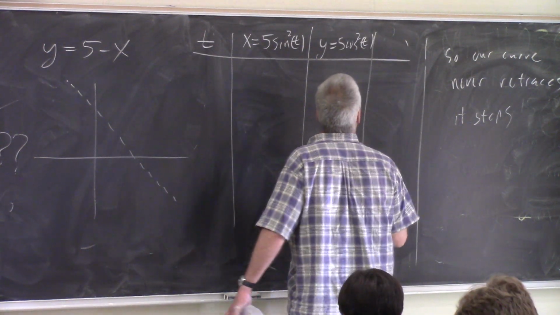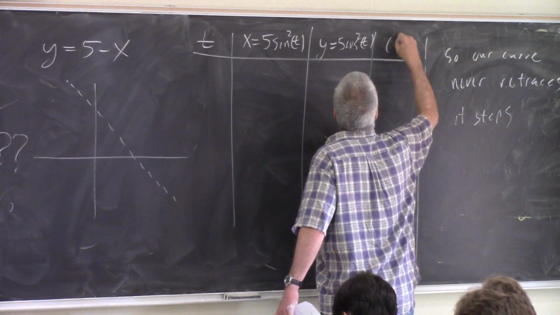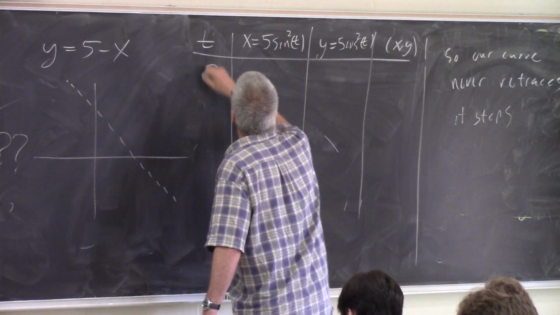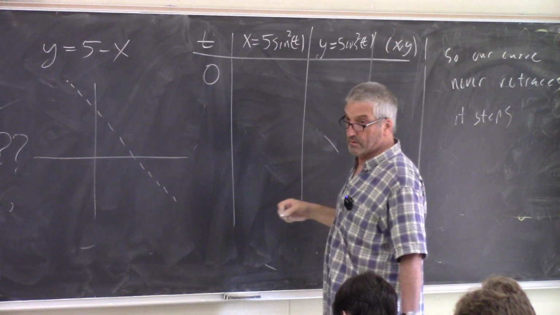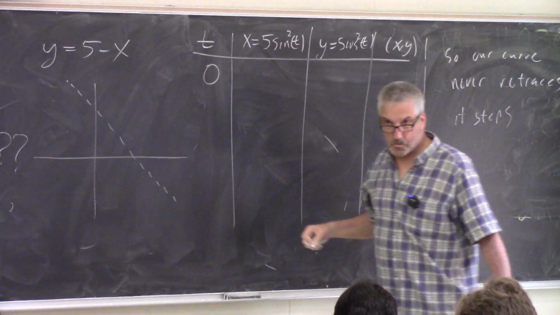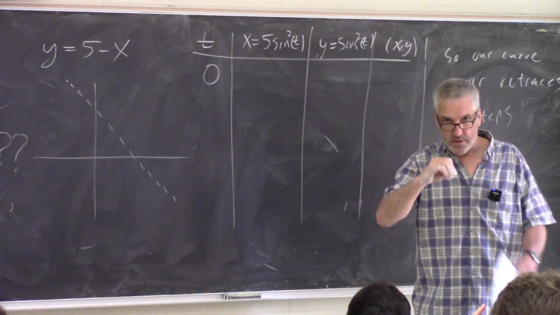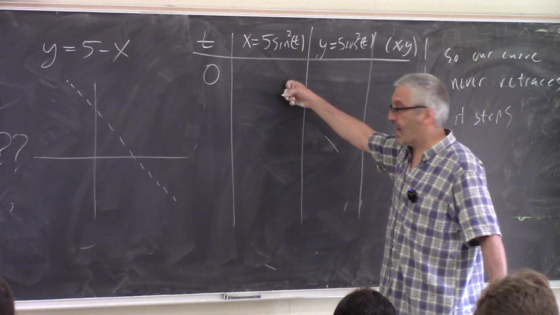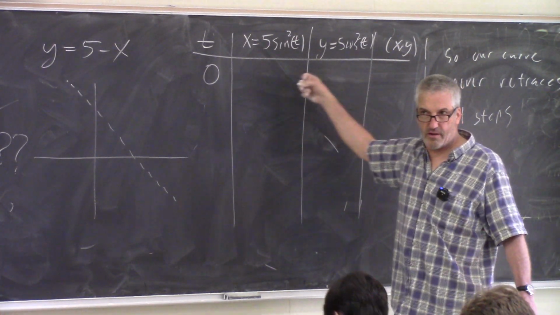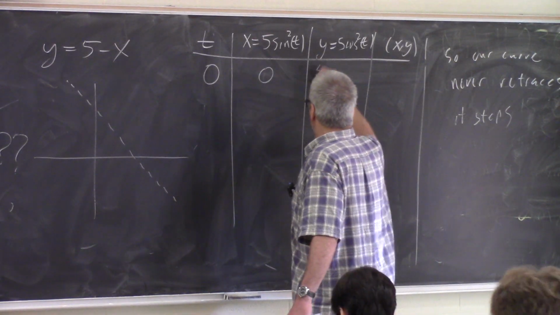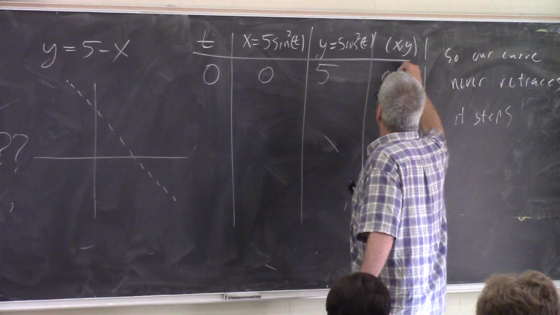Good. What are the coordinates there? Let's get some hands in the air. I'm not going to call on anybody who's called before. What's the x and what's the y at time 0? 0, 5. So the coordinates of the point are 0, 5.